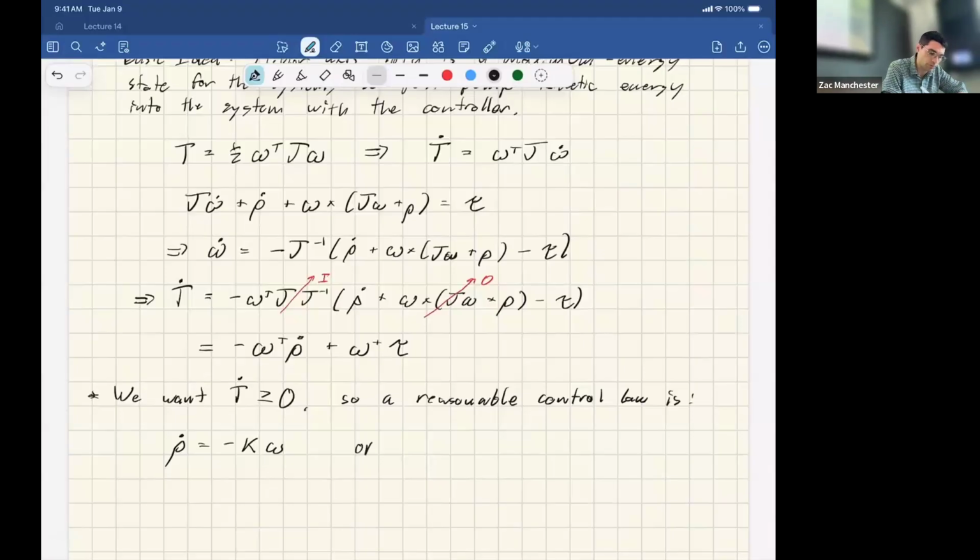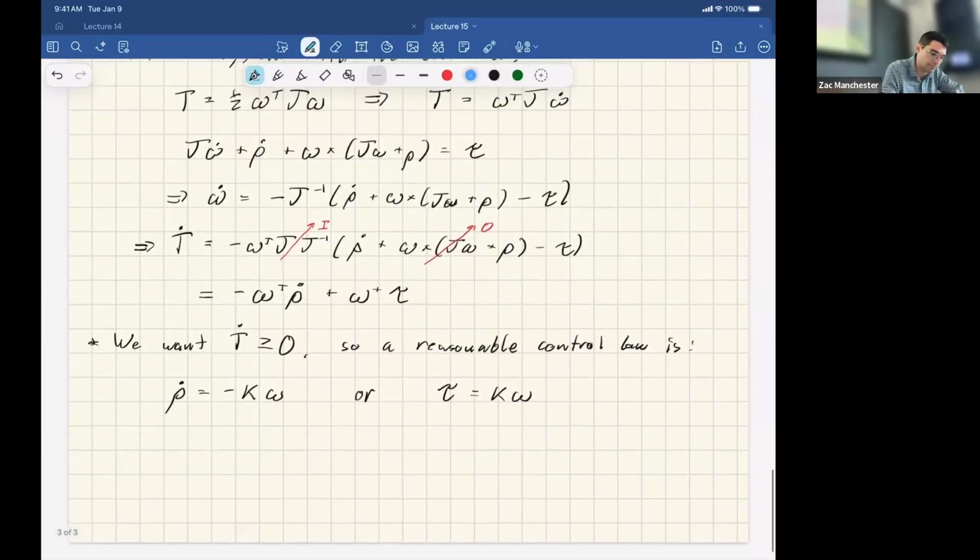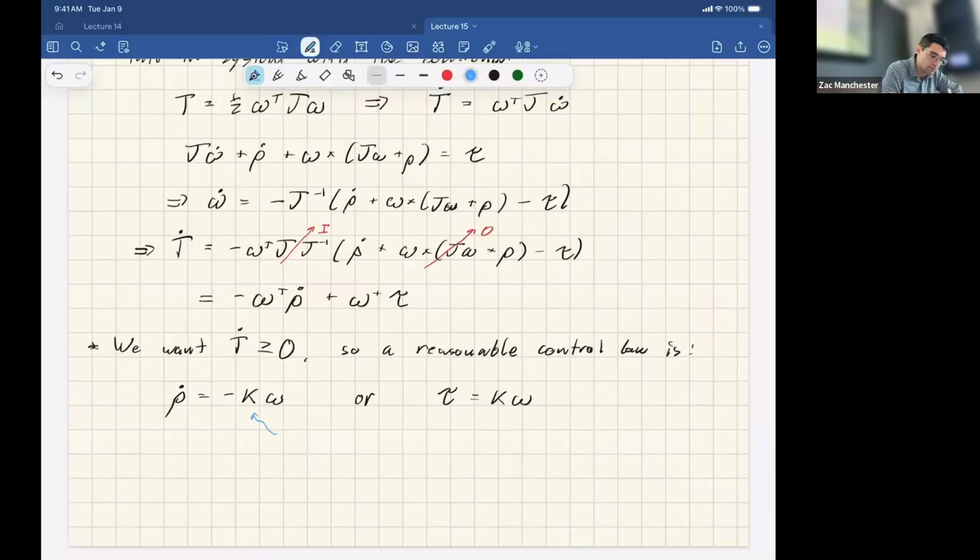Or if I want to use thrusters, I would get tau equal to k omega, right? Because that one doesn't have a minus sign, so again it gives me something proportional to omega squared. That's always going to pump energy in. Make sense? And this is some kind of gain. So this is the simplest linear control law for this.